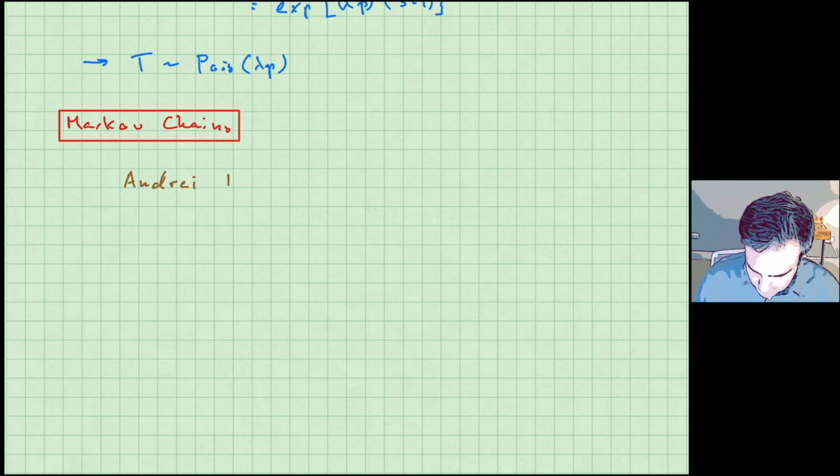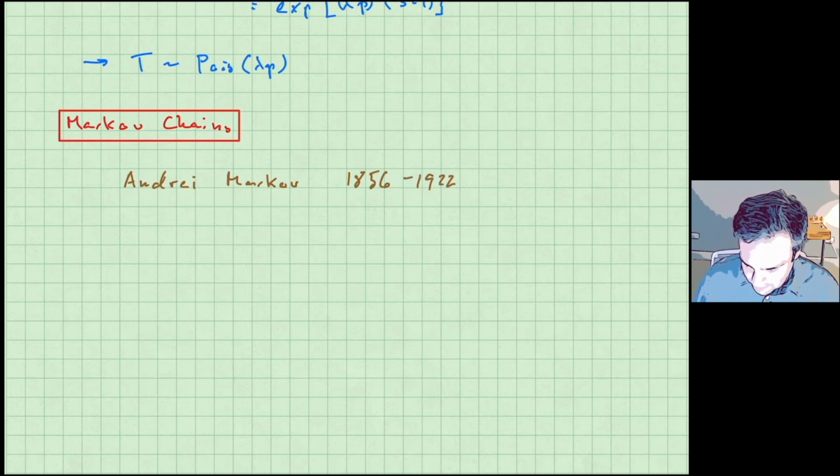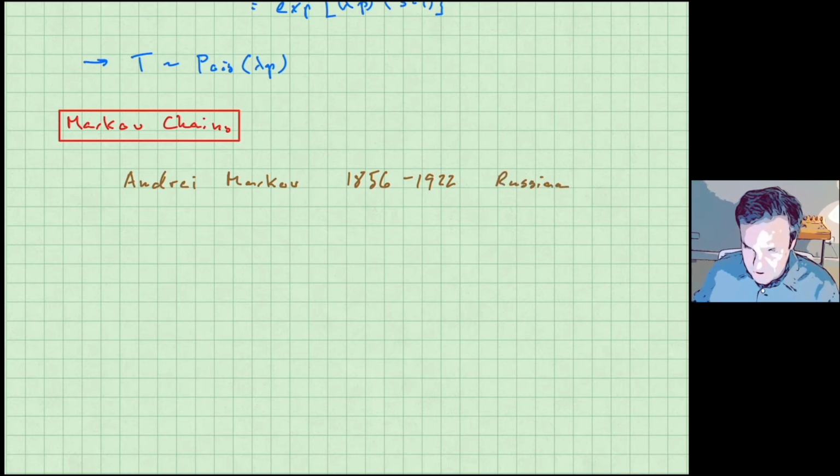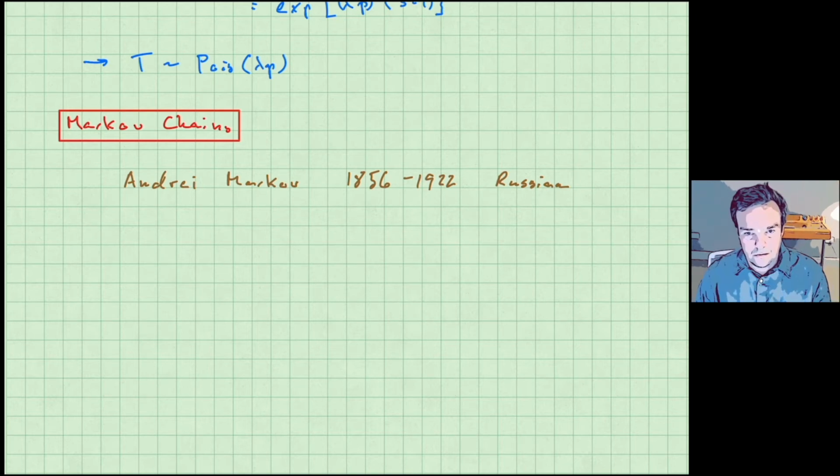But Mr. Markov, or Professor Markov, or Doctor, I'm not sure what his title was. He lived from 1856 to 1922. Pretty interesting period of time, I would say. And he was Russian. I think he lived in St. Petersburg, though it was called something different.